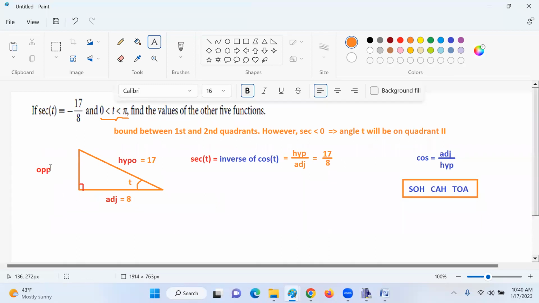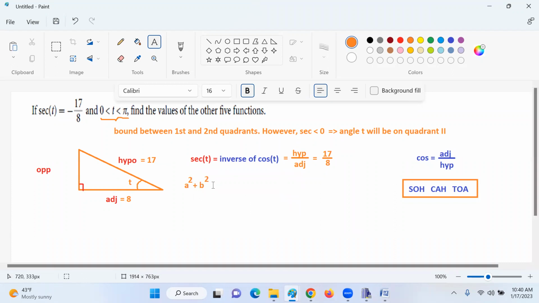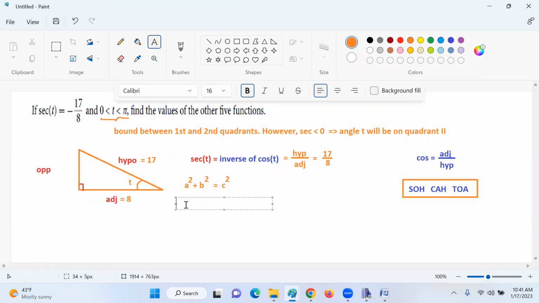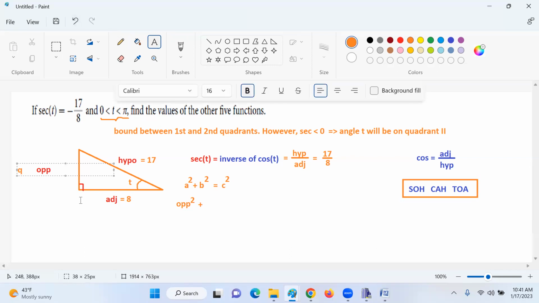And then I need to figure out the opposite. According to the Pythagorean theorem, we have a squared plus b squared equals c squared. It's a right triangle, so we can understand that the opposite squared, which we don't have in this case, plus b squared. b squared is given: b is the adjacent, and this is c.